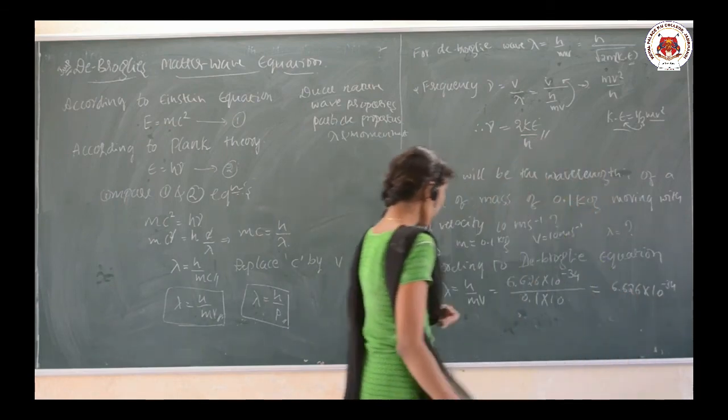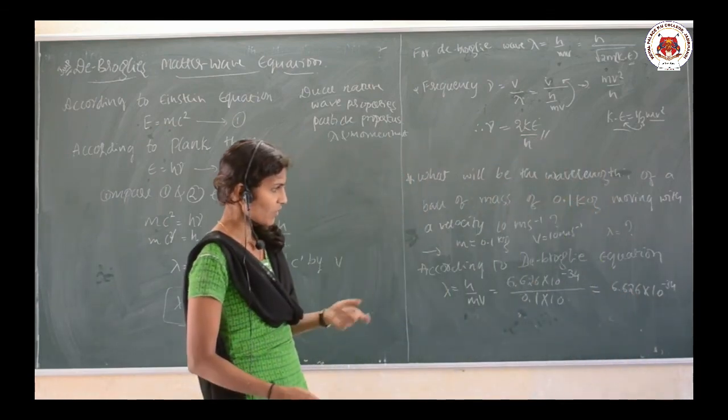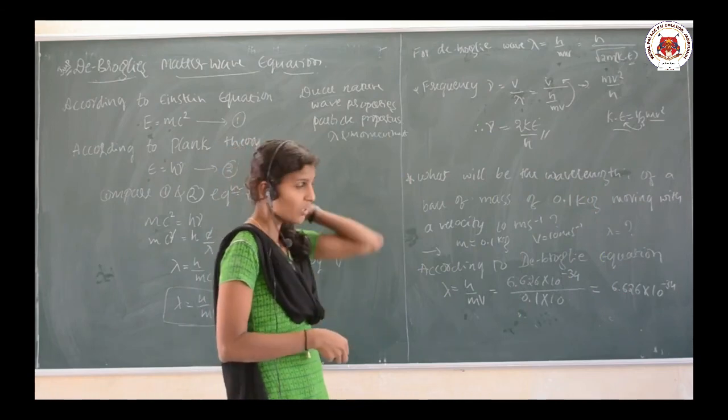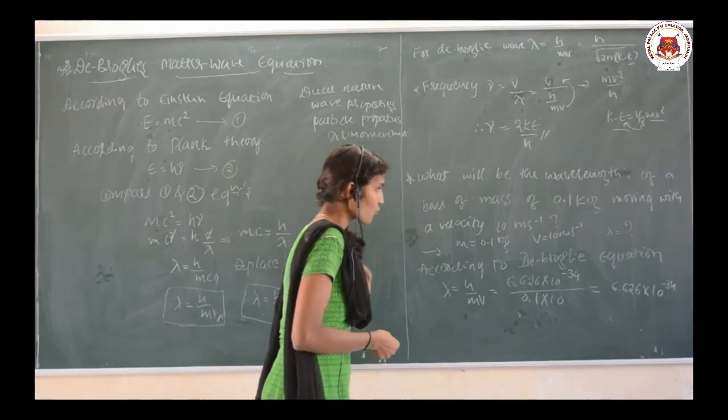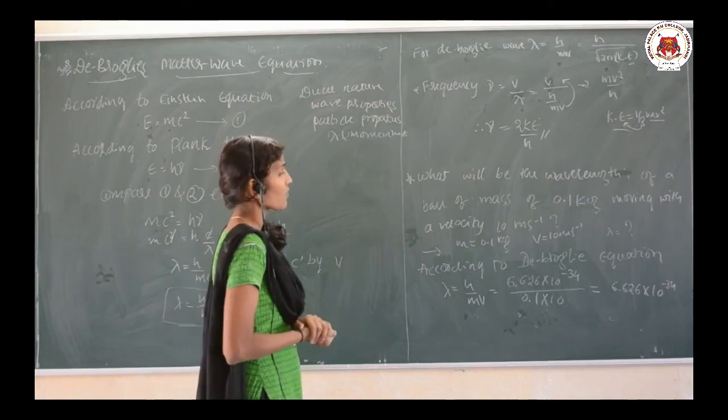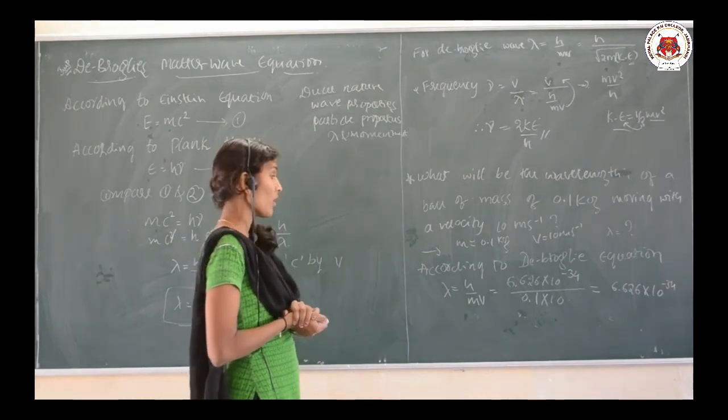So, if you calculate this, it will be around the same value as h, that is 6.626 into 10 to the power minus 34, which is the value of the wavelength.